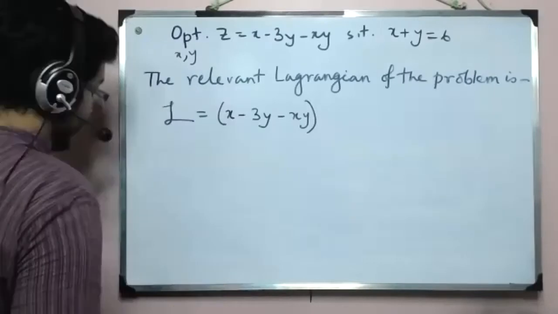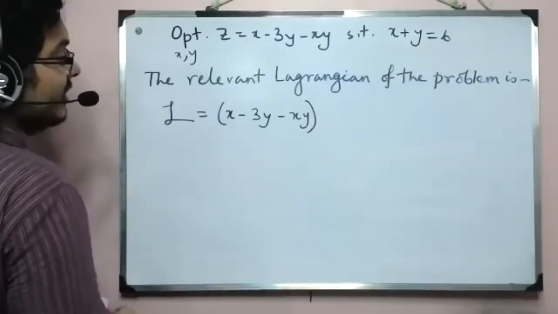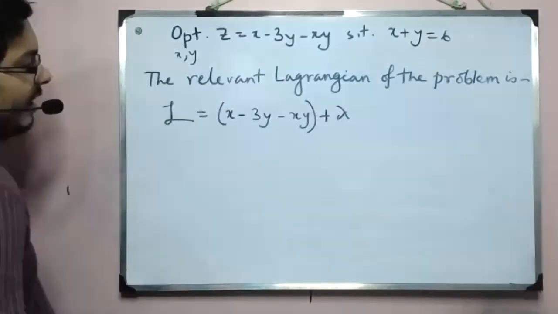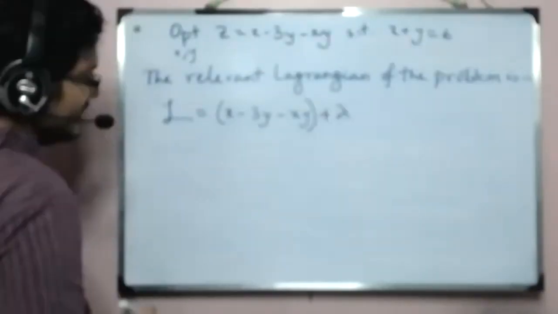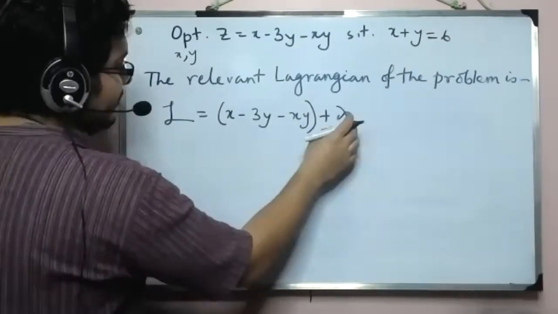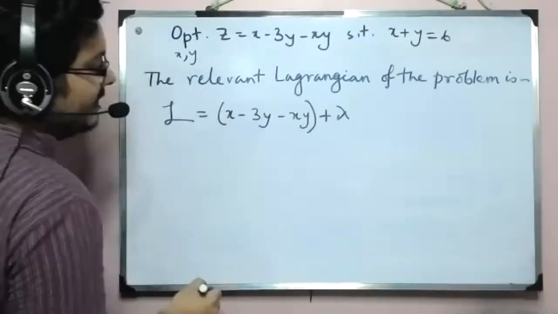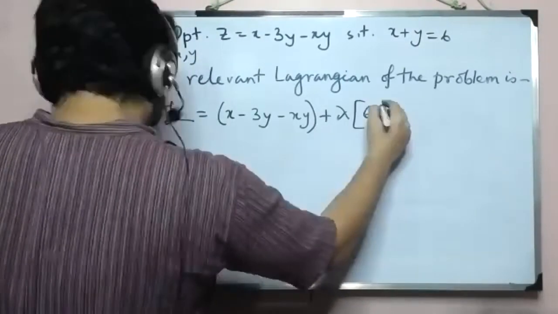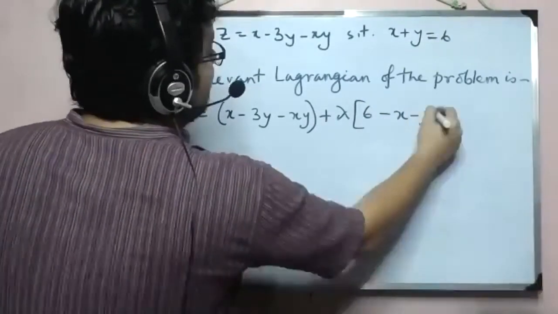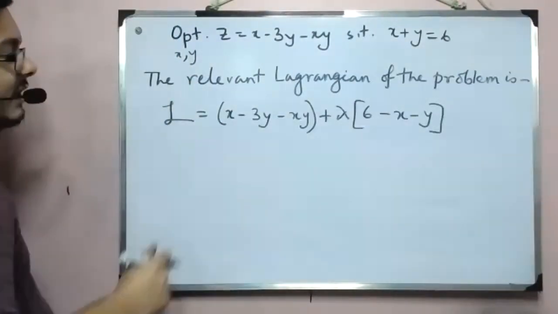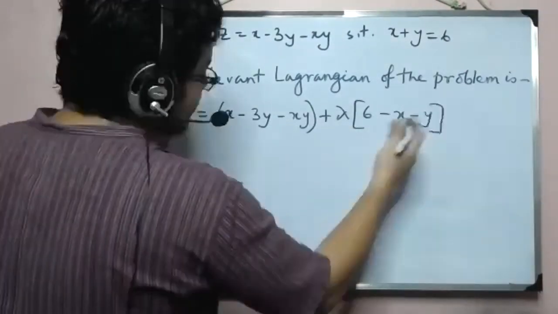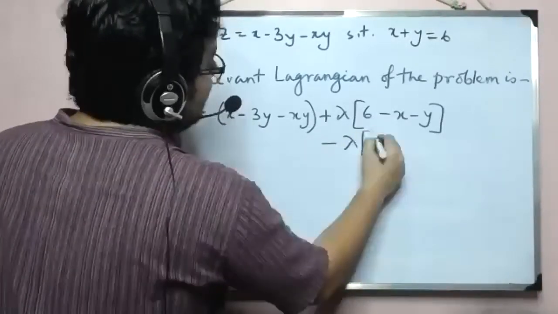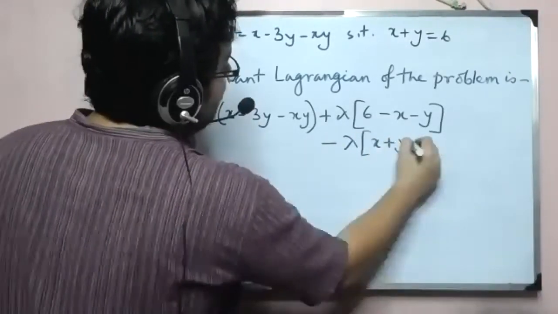So first comes our objective function, that comes first. Now we are going to introduce a variable lambda. I'll talk about what lambda is really, but for the time being, look at the structure. So I introduce a variable lambda, and then I write the constraint as this. Now remember one thing, I can also put here minus lambda, and I can write x plus y minus 6.